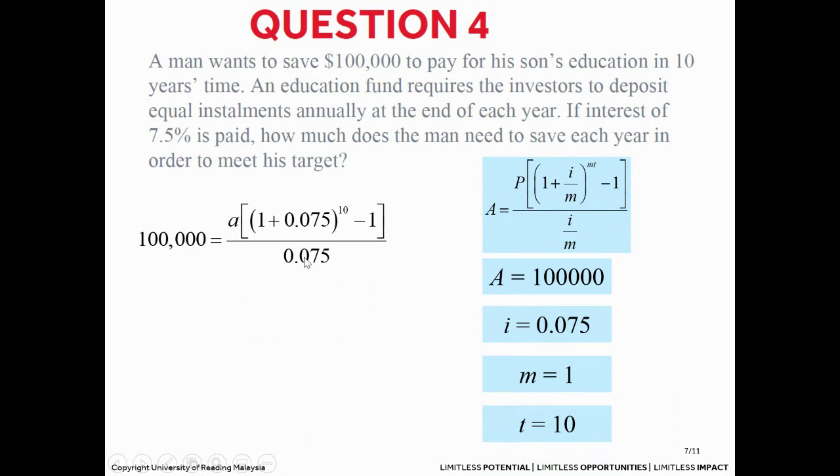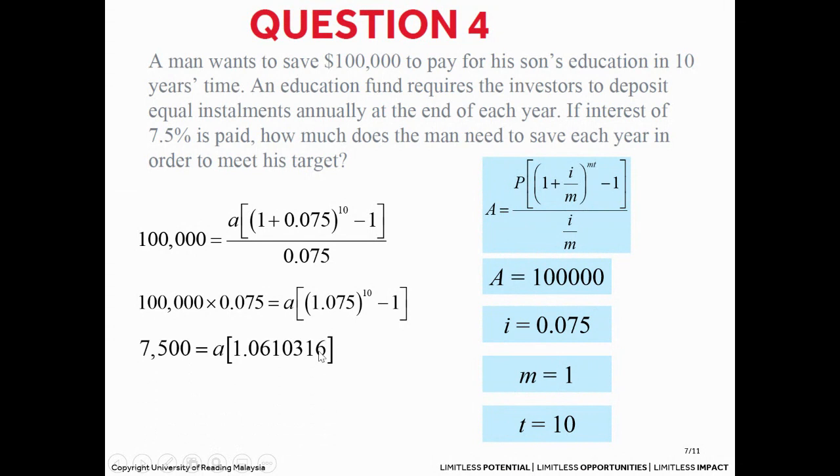Bring the 0.075 from the right hand side to cross multiply with 100,000 on the left hand side. Now use your calculator to simplify the answer on the left hand side as well as on the right hand side. Your calculator should give you all these values.